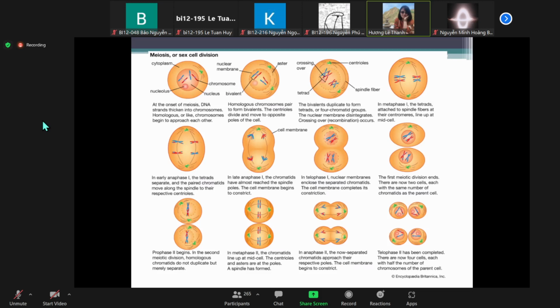So let's see what occurs during meiosis. In the first step, when meiosis happens, we can see that DNA strands become condensed to form chromosomes that we can observe under the microscope, and they are homologous.